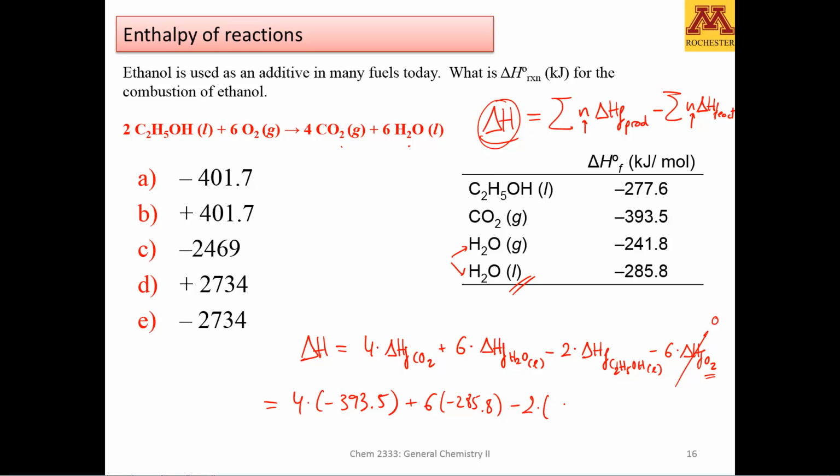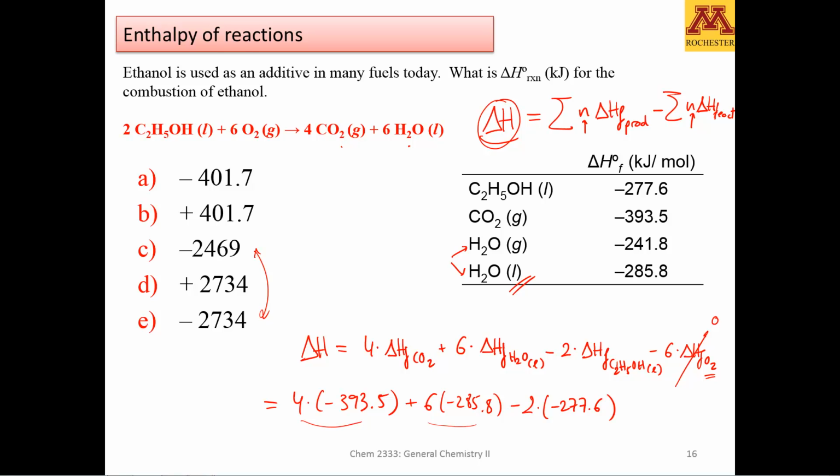There's a lot of negatives here, just make sure you keep track of them, okay? And this will give one of the answers. Hopefully, let me see, this is going to be around 12, 13. It's going to be fairly negative, so it's going to be one of these two. I would need a calculator to do that, but everyone can do that, hopefully.